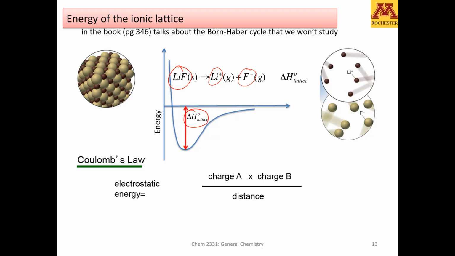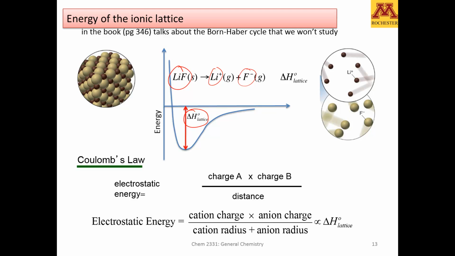Well, a very simplistic view and yet useful is applying Coulomb's law, or the electrostatic energy model that you have seen before, in which the energy is proportional to the product of charge 1 and charge 2, divided by the distance among them. In this case, charge 1 and charge 2 are the cation and the anion.